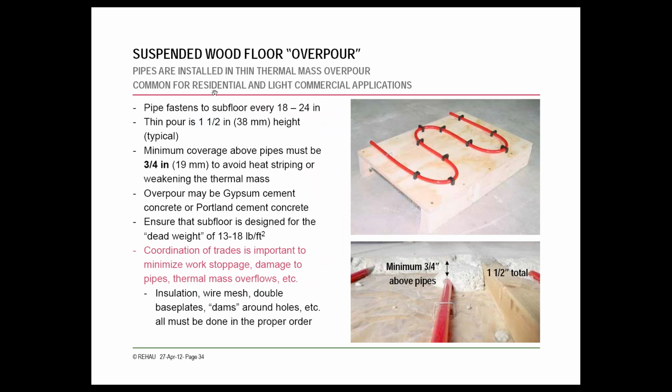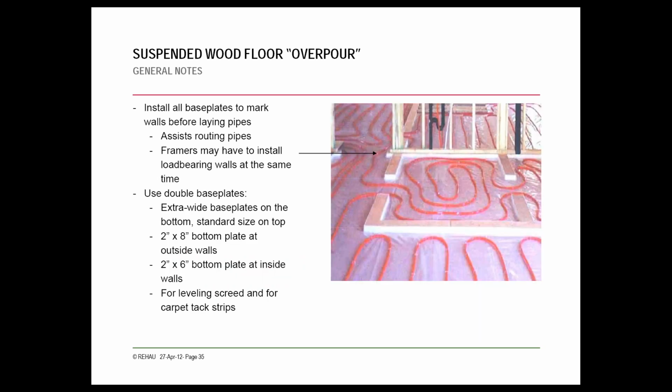If you're doing an overpour with the concrete, there are some different techniques for installation because you're going to be attaching it to a subfloor. Common, especially if it's a wood subfloor, is using these Nylon Talons on the top or a staple here on the bottom.